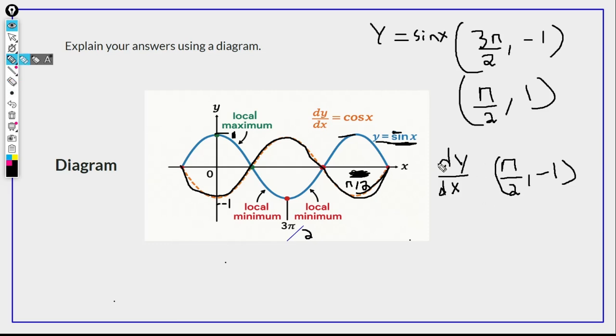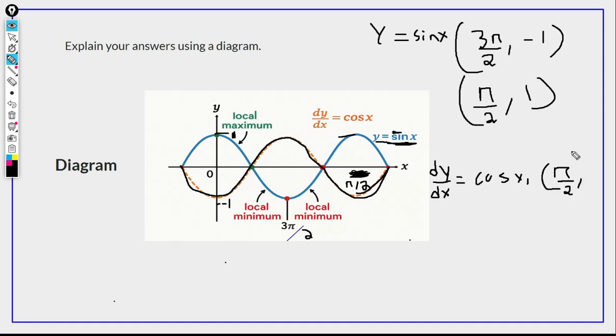I meant to put cos x, not equals. Our points would be pi over 2, negative 1, and our second point is 3 pi over 2, at positive 1, just like we got in the second derivative, proving it is correct.